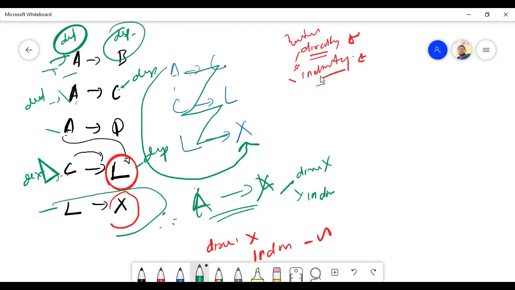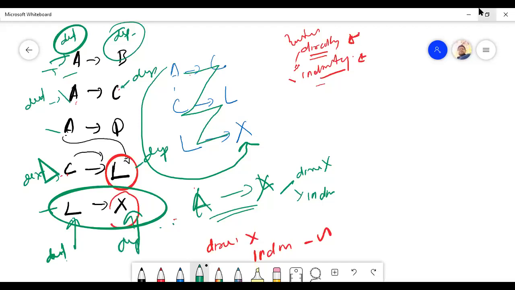So in this case, dependent is X, determinant is L. Determinant, dependent. Got the point, the student who asked this question?